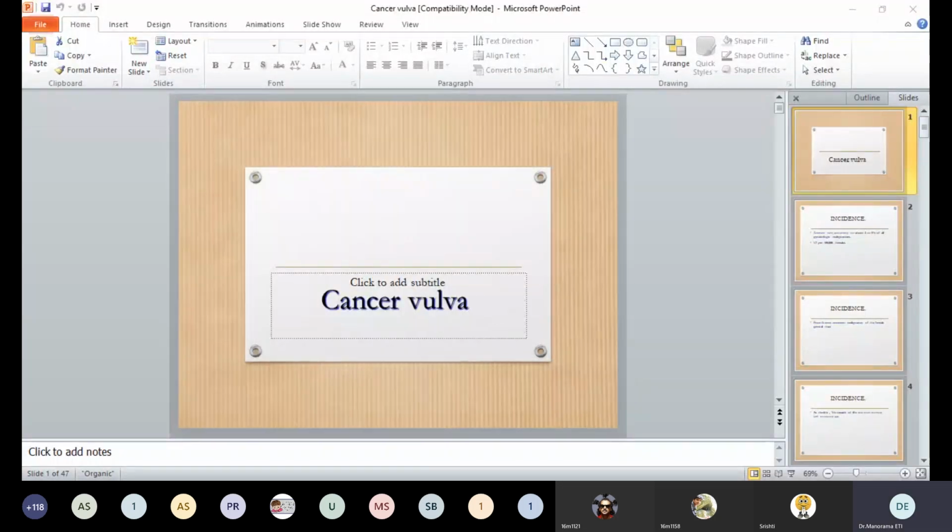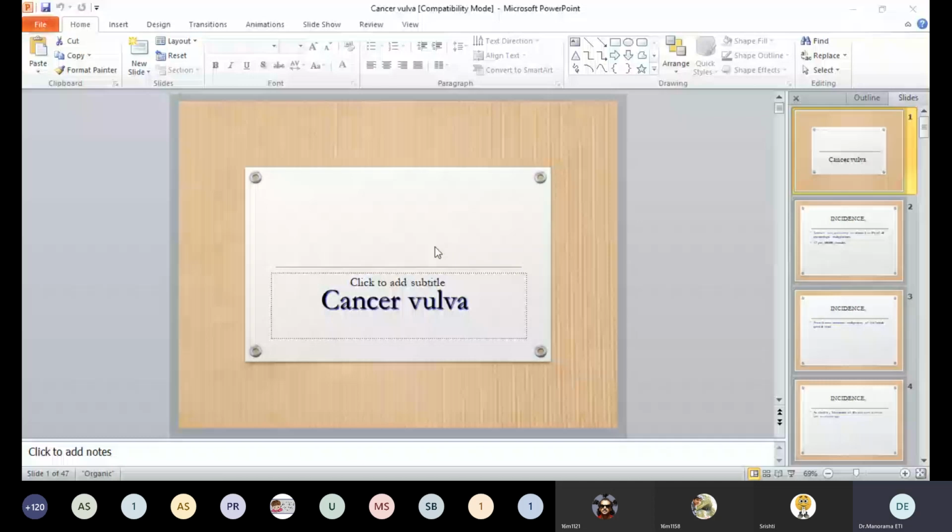Now we will start with the anatomy of vulva. So what all structures are involved? This is a picture of vulva. Vulva includes the mons pubis. This is the area. Then it includes the clitoris. Then it includes the two labia majora. So these are the two labia majora folds. You all can see the thin fold.